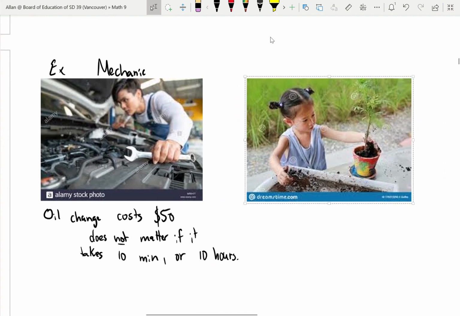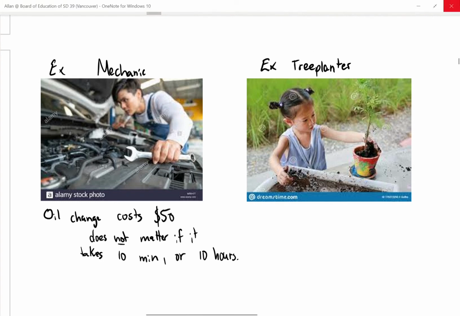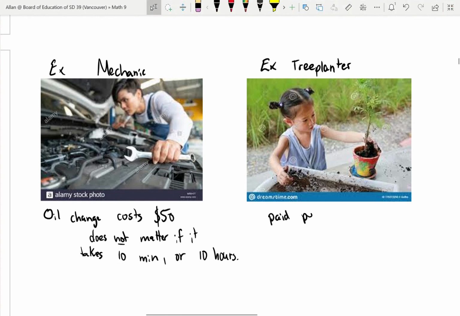Another example is, we have them here in BC. If you're a tree planter, where you go out into the woods and then you plant trees, you actually get paid per tree planted. And it's usually something like 15 cents per tree planted.